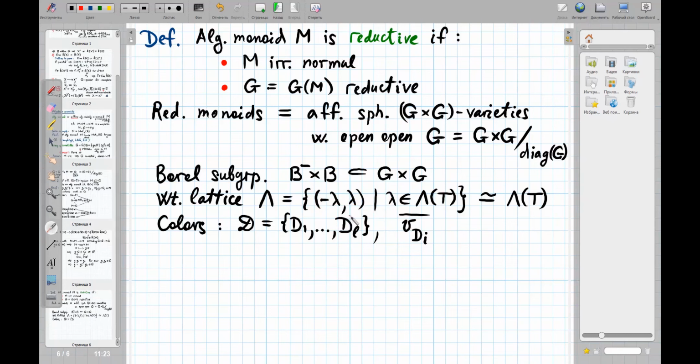And so under this identification of the weight lattice with the character lattice of the maximal torus in B, the vectors corresponding to the colors in the dual space of this weight lattice are exactly the simple coroots, which I denoted by alpha_i check.